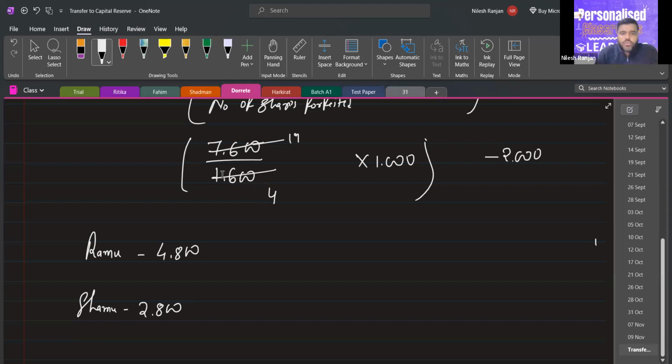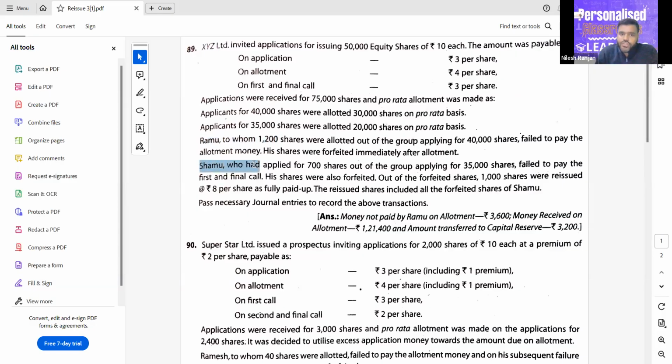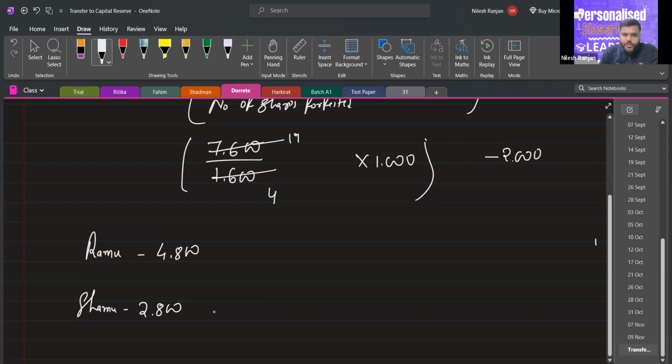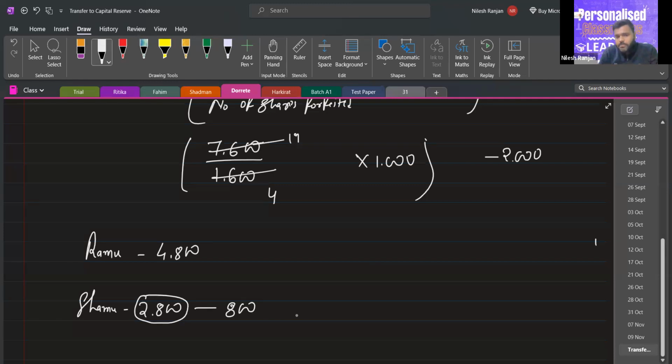Okay. So all the shares of Shamu are reissued. So the total amount forfeited of Shamu is 2,800, and the discount given on Shamu's shares is 800, that is 400 into 2. So 2,000 for Shamu.